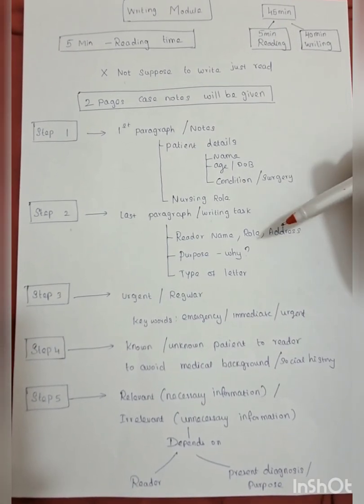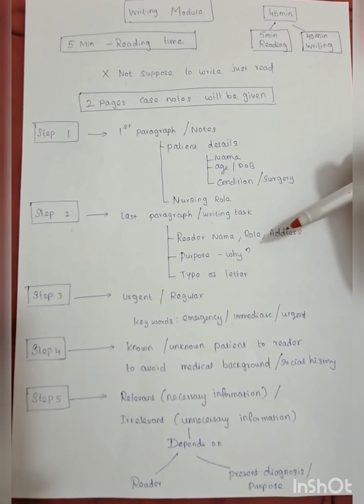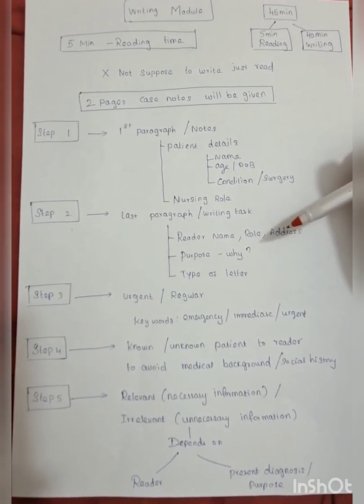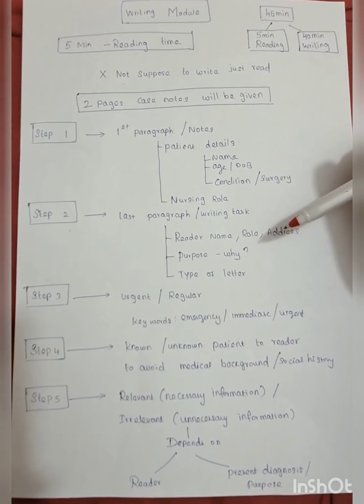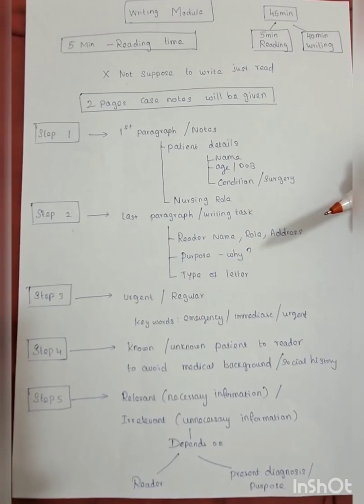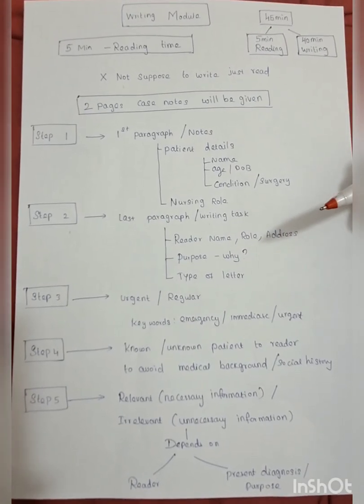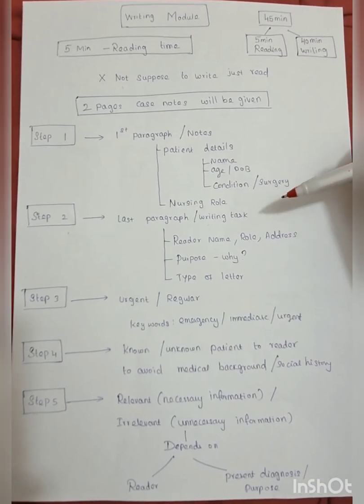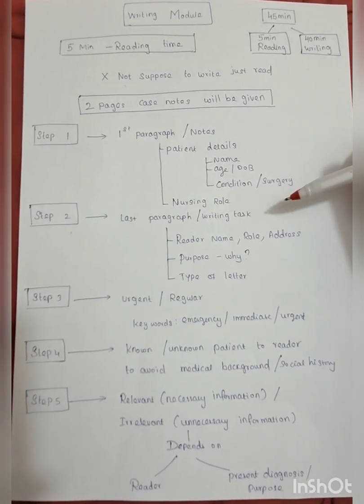That will be given in your writing task. And the type of letter: sometimes they may say write a referral letter, write a discharge letter, write a transfer letter. So the type of letter you are going to write, right? These details will be provided in your last paragraph.